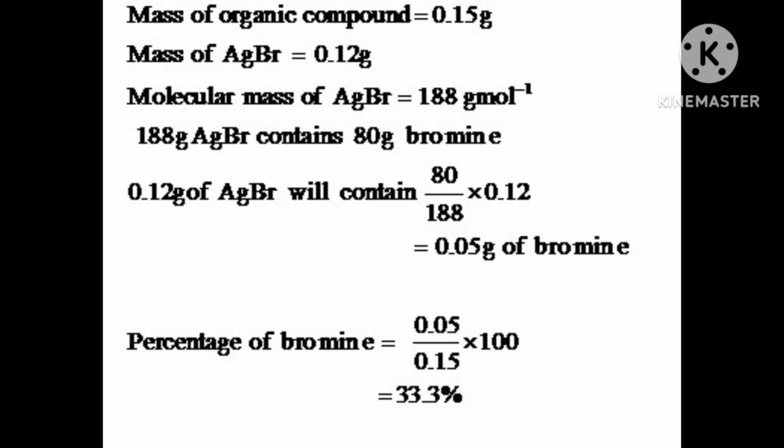Whatever water was there, the anhydrous calcium chloride will absorb. Now it will be dry. Then you take the weight of that dry barium sulfate, the correct weight. No water is there, otherwise error will be there.